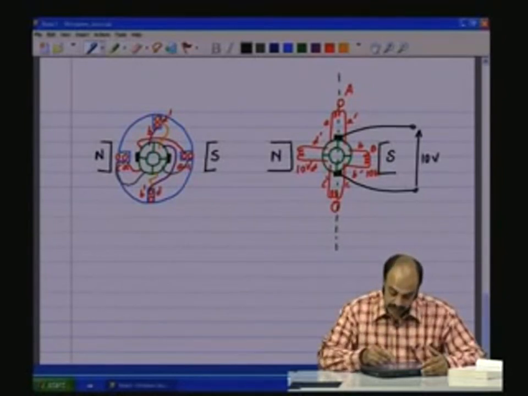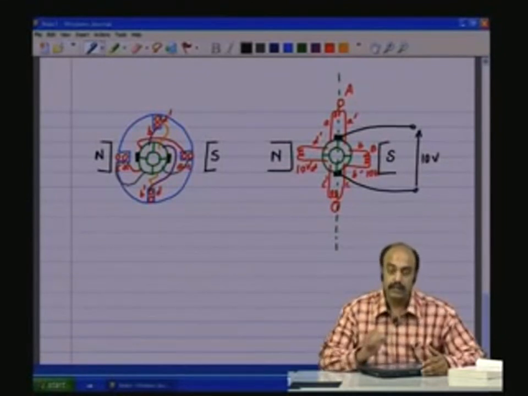The voltage across C being 0 at this point, the brush is shorting this coil C, and as the voltage is 0 there is no circulating current. Likewise, this brush is shorting the coil A, which is on both sides of this commutator segment, and as the coil voltage A is 0, there is no circulating current in the coil.